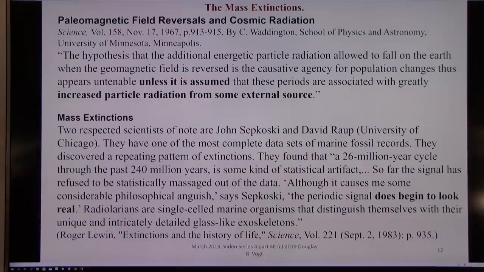They have one of the most complete data sets of marine fossil records. They discovered a repeating pattern of extinctions. They found that a 26 million year cycle through the past 240 million years is not some kind of statistical artifact. So far, the signal refuses to be statistically massaged out of the data.